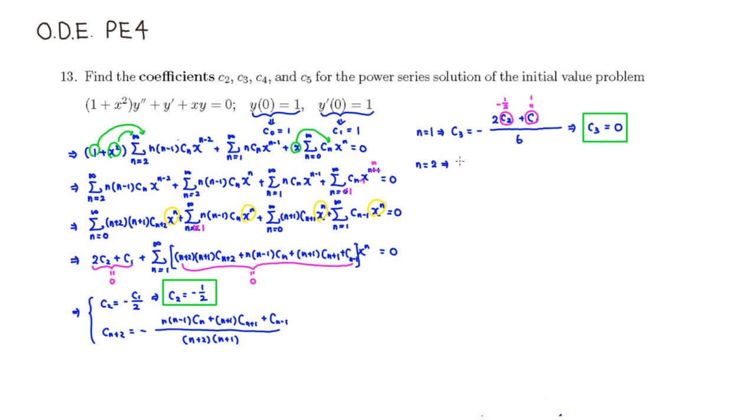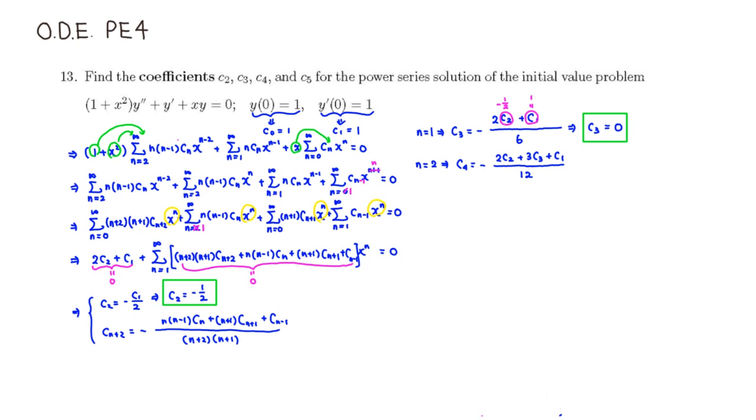So C4 is going to be negative, with n equals 2, 2 times 1 times C2, so 2C2 again, then 3C3, plus C1, and then over 4 times 3, so 12.